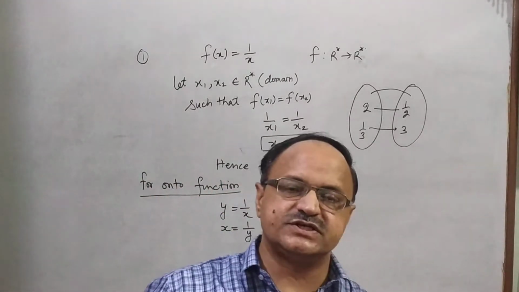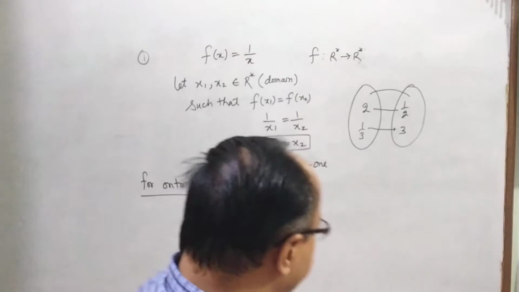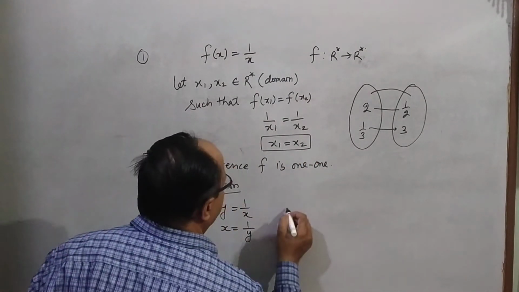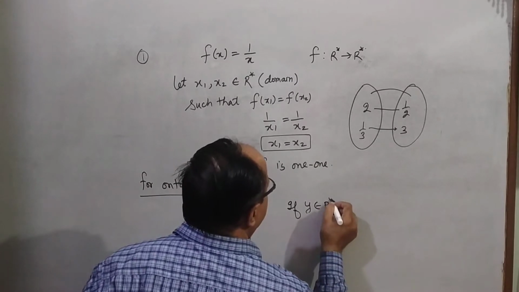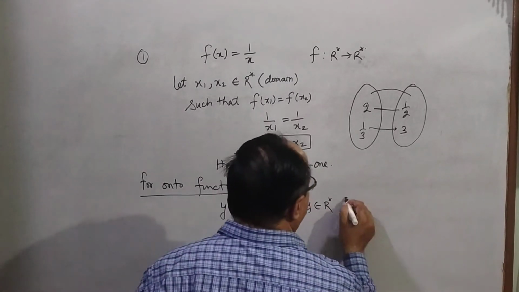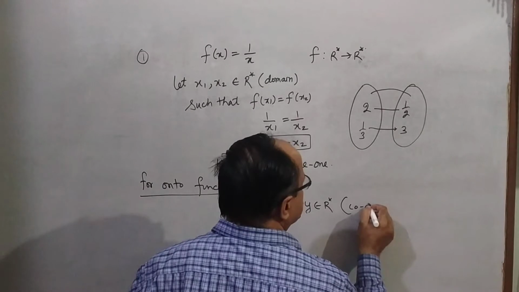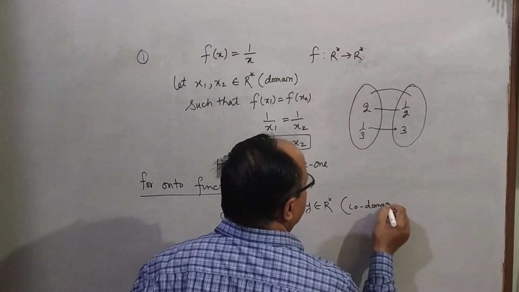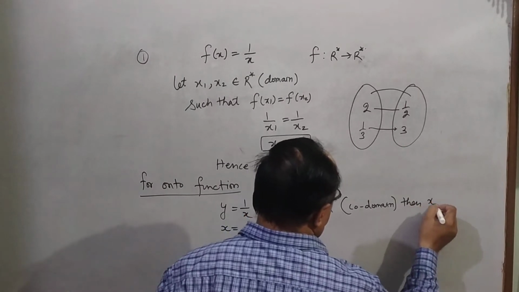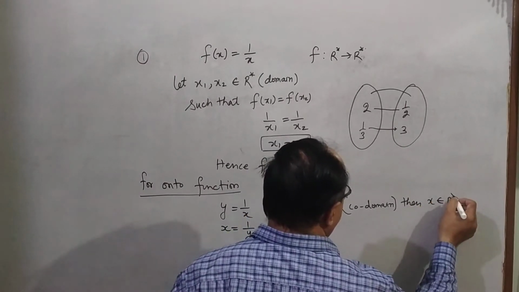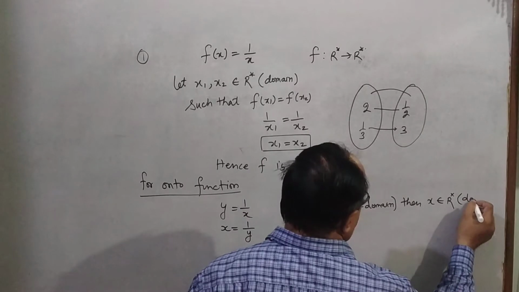Now, if y belongs to R star, which is the codomain, then x belongs to R star, the domain.